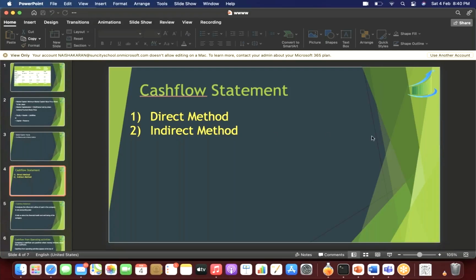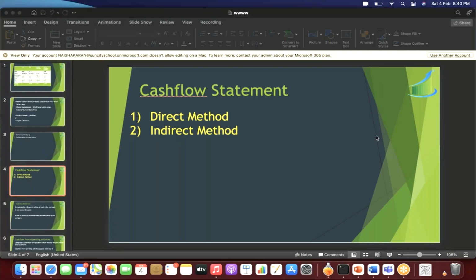Okay, if that is fine with all of you, then we move ahead and do cash flow statement. Now, as the name suggests, what is cash flow statement?